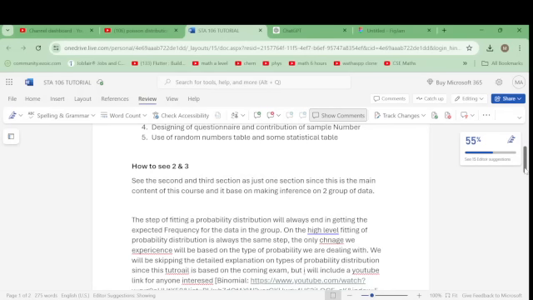At the end of the day, we are going to use fitting of distribution for groups of data, on which statistics has already been performed. When you are dealing with all these things, they will give you individual data, the groups of the data, and the frequency for each data in that group. Do you understand?